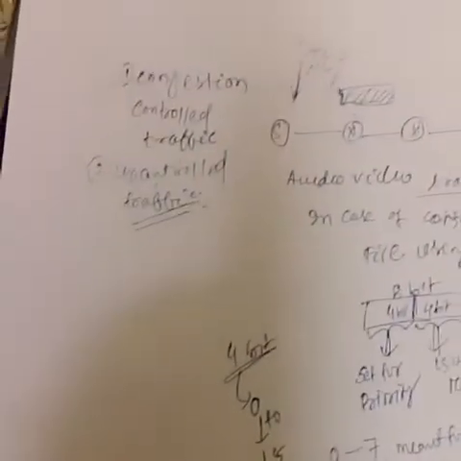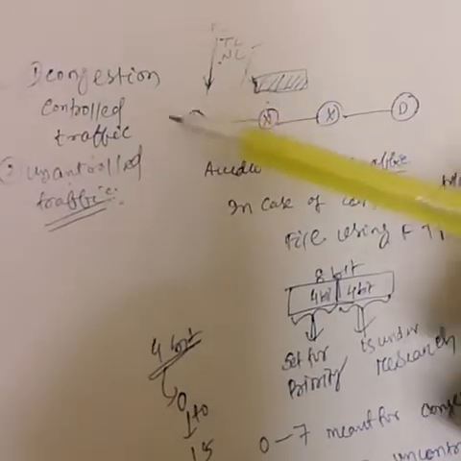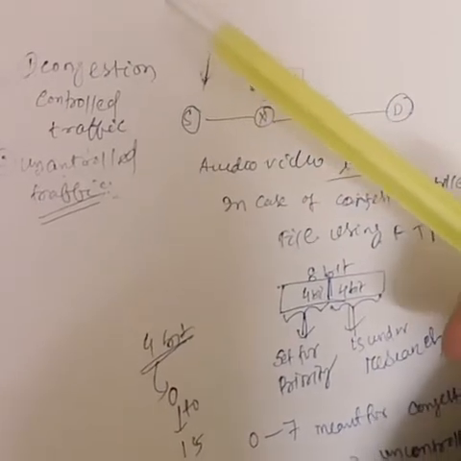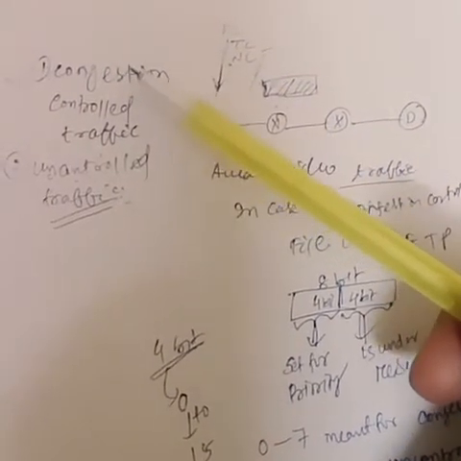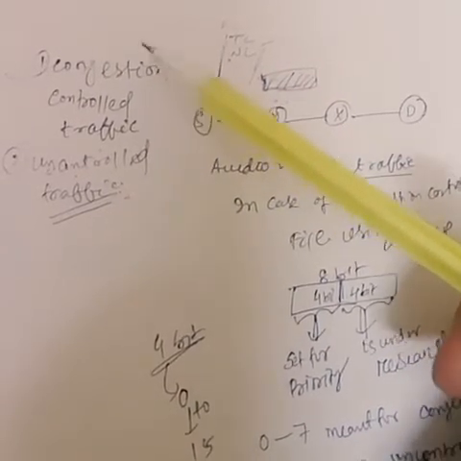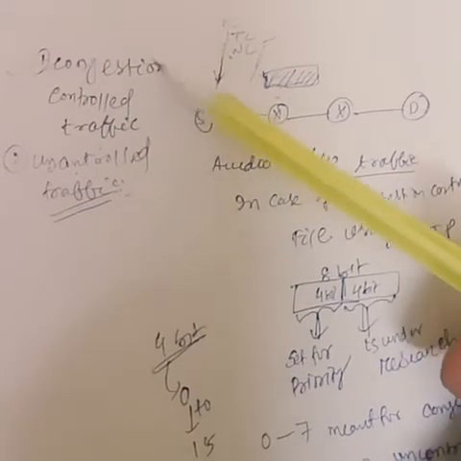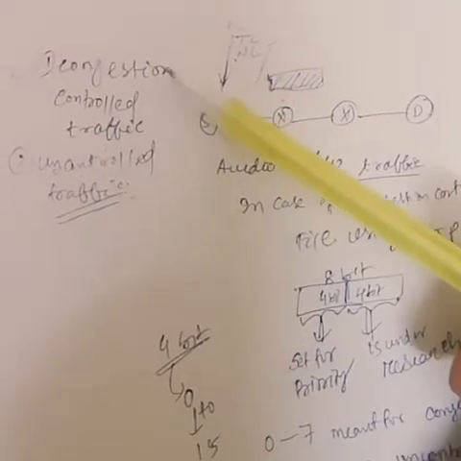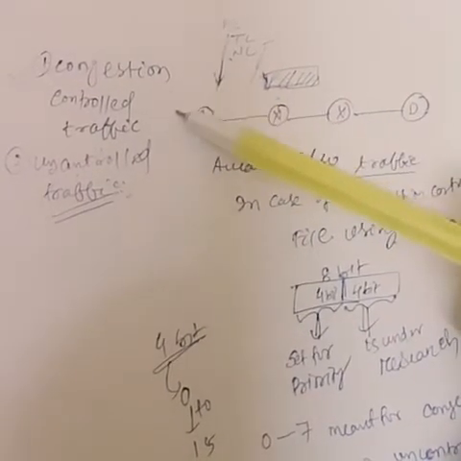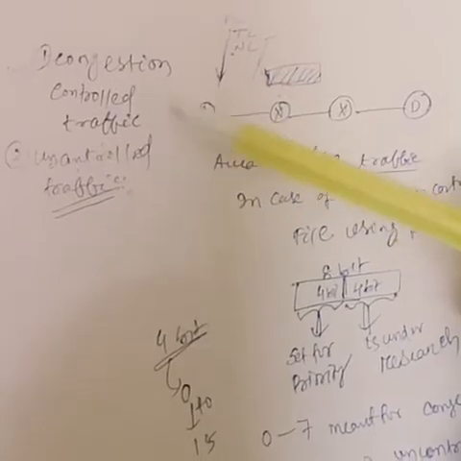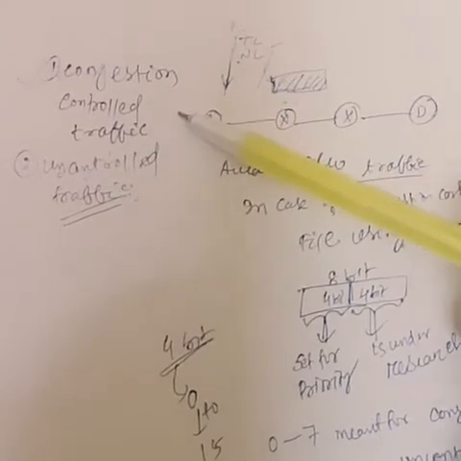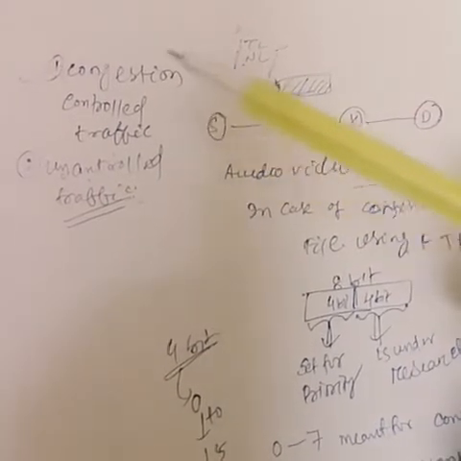Low priority. Now, in case of congestion control traffic, the software is written in such a way that it can understand the congestion, and if a packet is lost, it can be retransmitted.